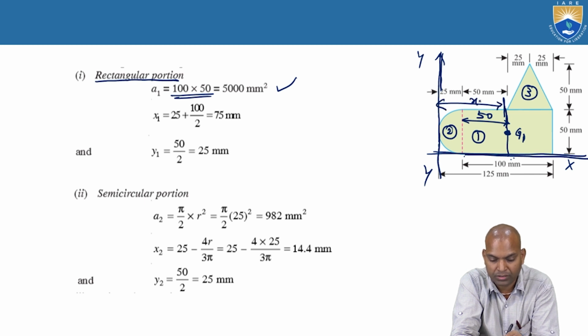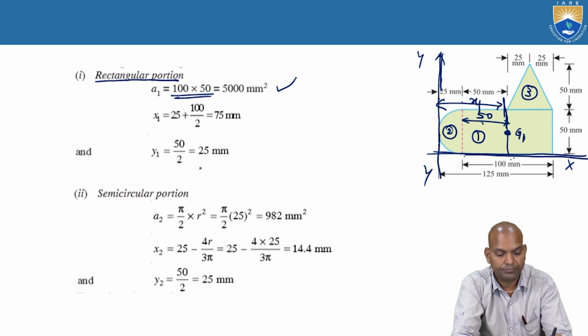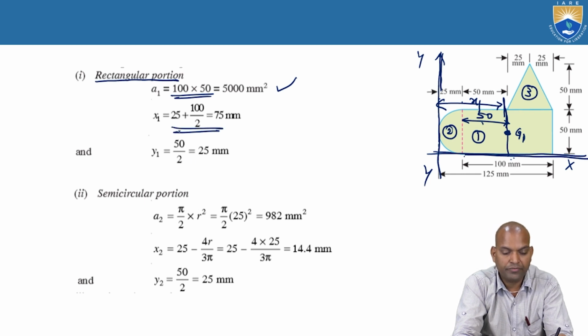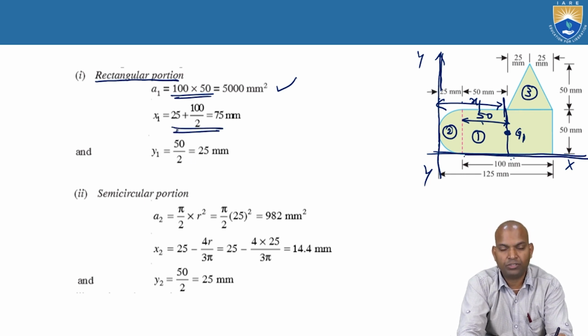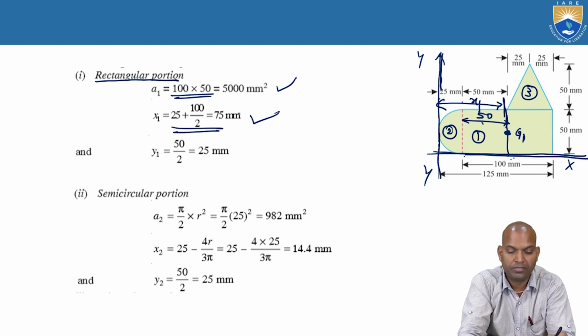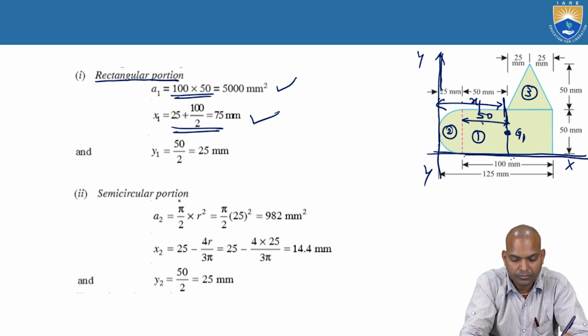That is 25 plus 100 by 2, that is 25 plus 50.